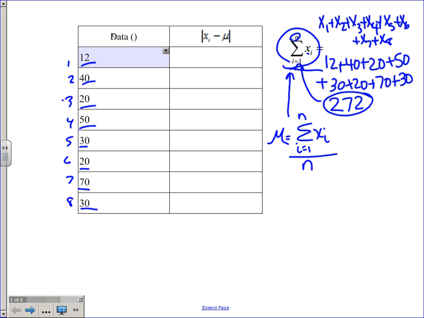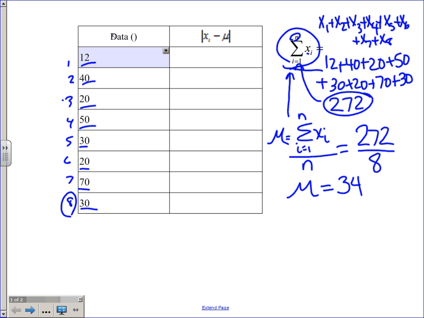Well, I know everything I need to know about that, because when I add all those up, I get 272. And the number of data points I have is 8. So I divide 272 by 8. And when I divide 272 by 8, I get a mu, or a mean, of 34. So my mean in this case is 34.